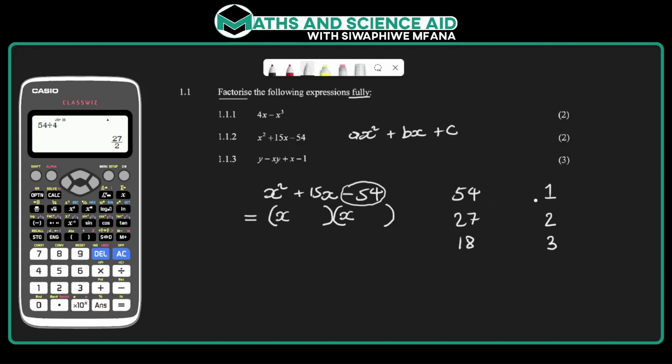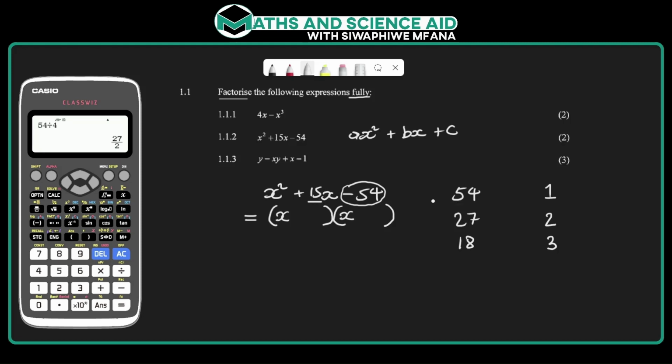But now, from these factors, we need to choose one set that we can combine, either through addition or through subtraction, to get the coefficient of the middle term, which is 15 for our particular quadratic expression.